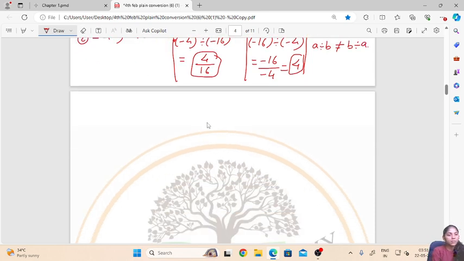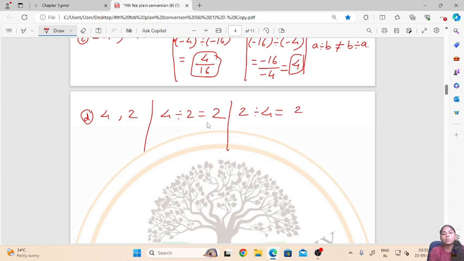Then let us take one more example. We have 4 as a and 2 as b. So a divided by b, it will be equal to 2. Then b divided by a, which will be equal to 2 by 4, which is not an integer.